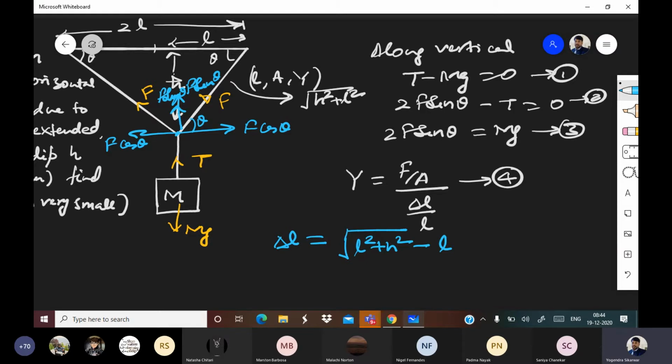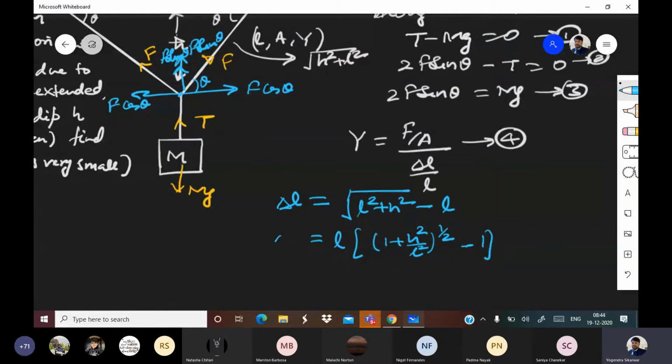So if you solve it further, if I take L common, then what I am left with is 1 plus h square upon L square, all to the power half, minus 1, and that is delta L. So in the next step, delta L by L becomes, if I expand this power half, so pay attention what this will be. 1 plus 1 by 2 h square upon L square plus higher terms, minus 1.